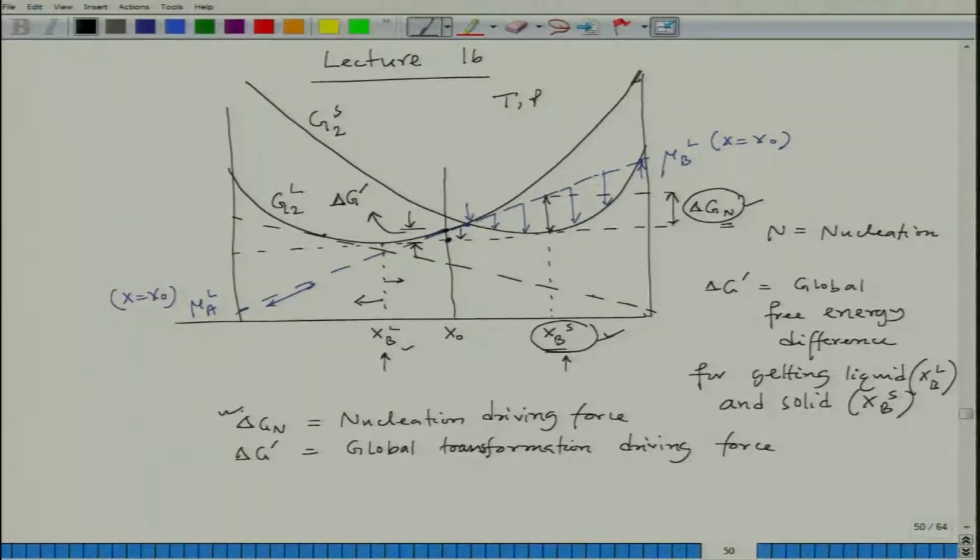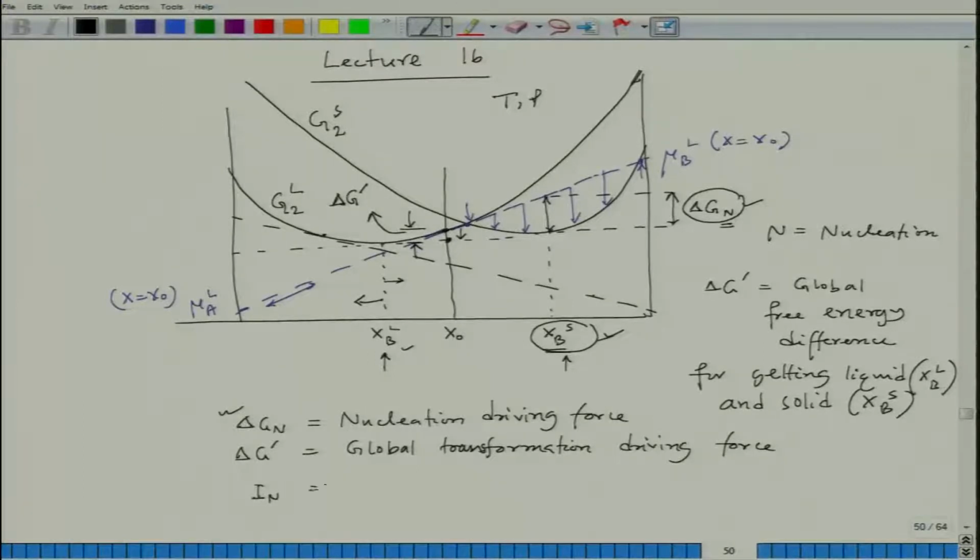This term will be applicable while considering the nucleation phenomena or nucleation rate. That time we have to consider delta Gn, and this term will be part of delta G star, which is the activation energy for nucleation. I mentioned before that delta G prime will be effective for the overall transformation.